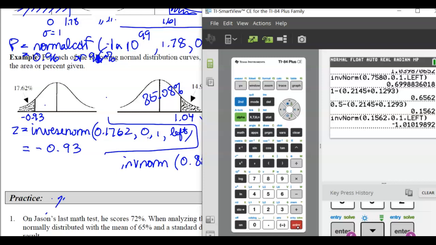Then this one here, so that's Z2, will be inverse norm of 0.5 minus 0.1293. Right, so 0.5 minus 0.1293.